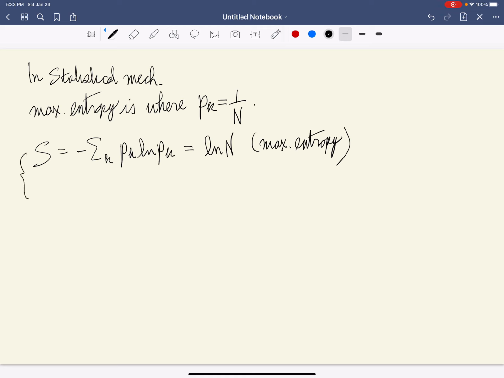Now, in a similar way, this quantity where the probability function is replaced by the singular values will have the maximum entropy of log n if all the singular values were identical.